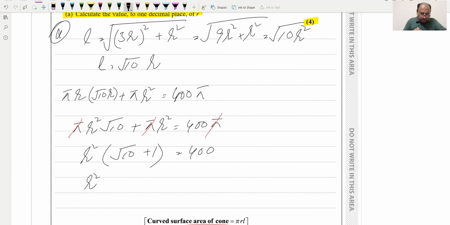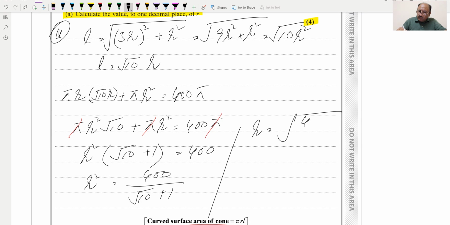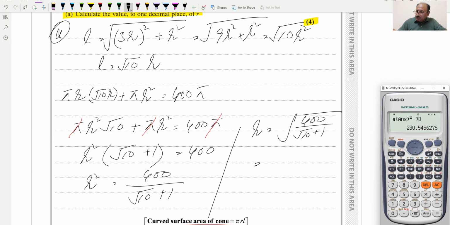So r squared will be equal to 400 over root 10 plus 1. So this implies r will be equal to the square root of 400 over root 10 plus 1.